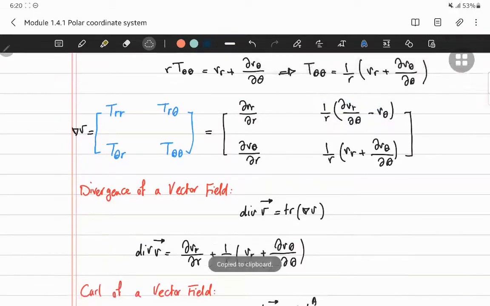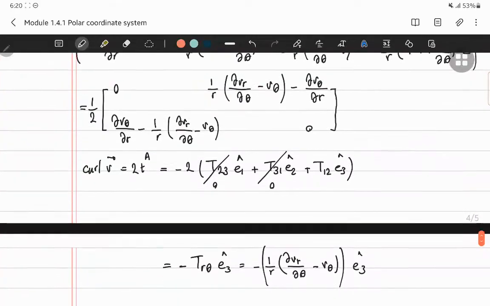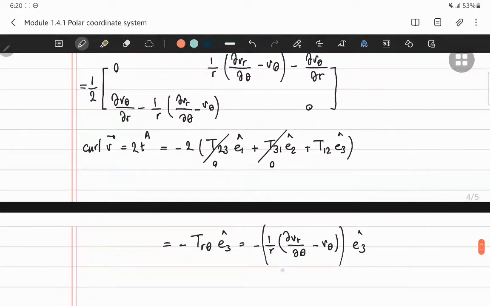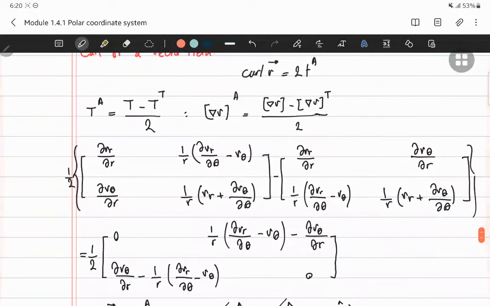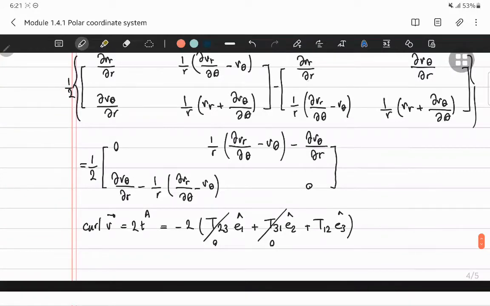Copy, just paste it down here, E3. I guess I made a mistake, because this T_rθ is basically from the antisymmetric part. So this is from here. That was T_rθ from del V.